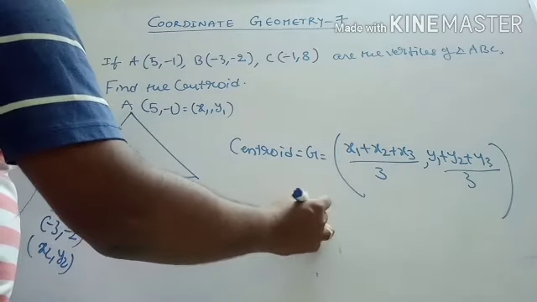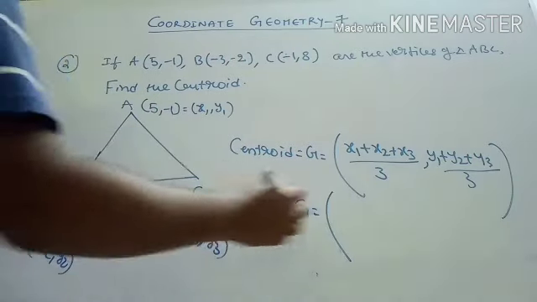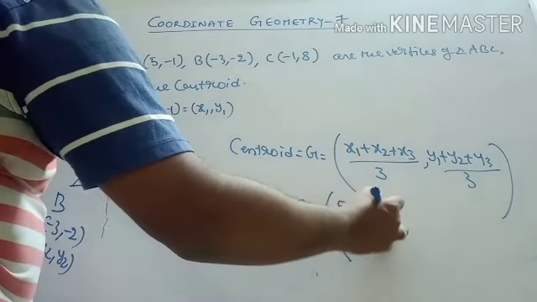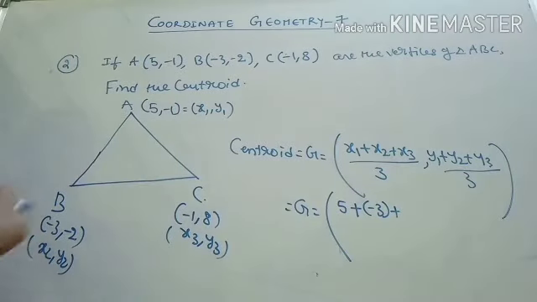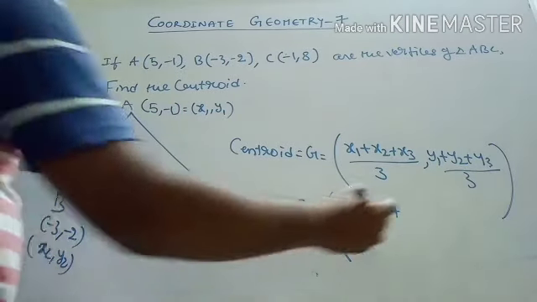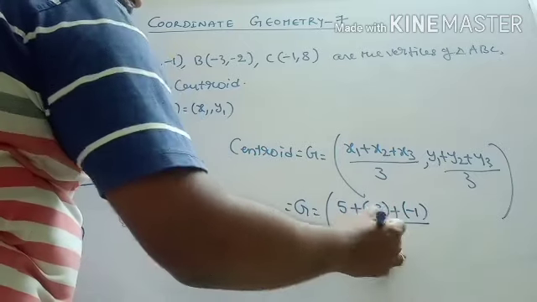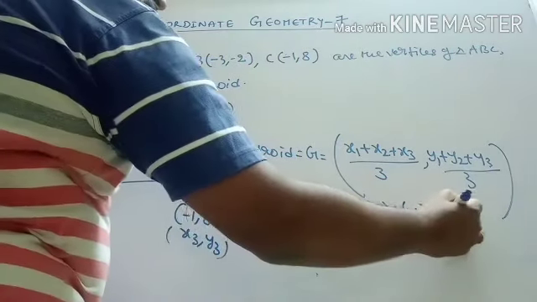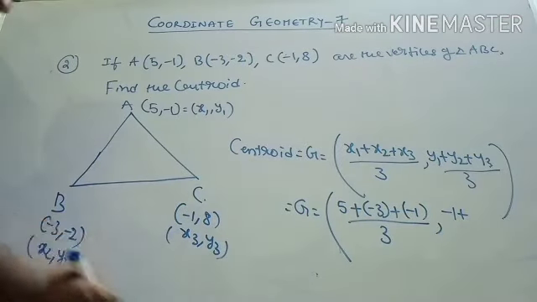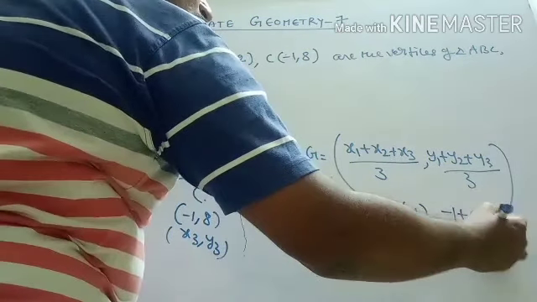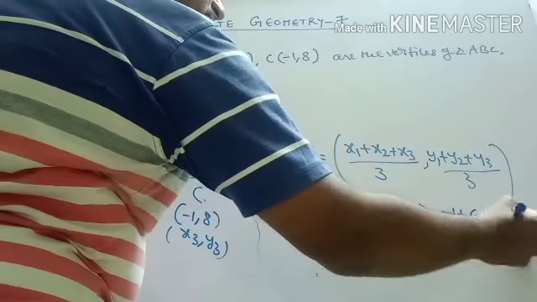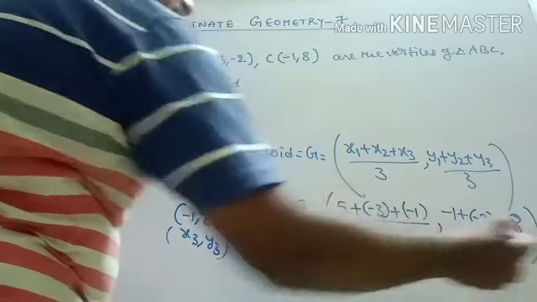Therefore now Z is equal to, x1 is 5 plus x2 is minus 3 plus x3 is minus 1, whole by 3, comma y1 is minus 1 plus y2 is minus 2 plus y3 is 8, by 3.